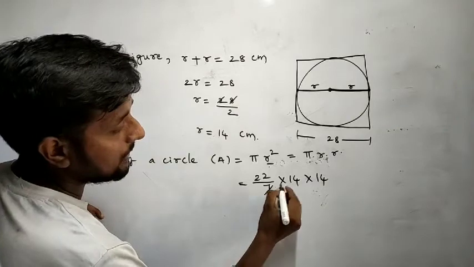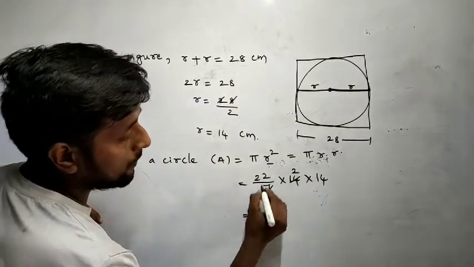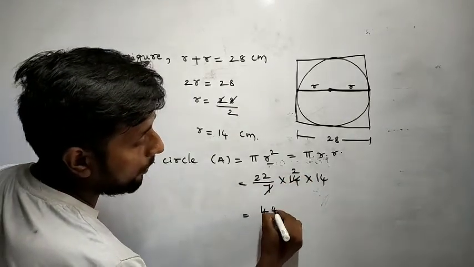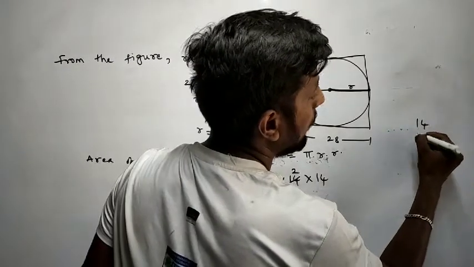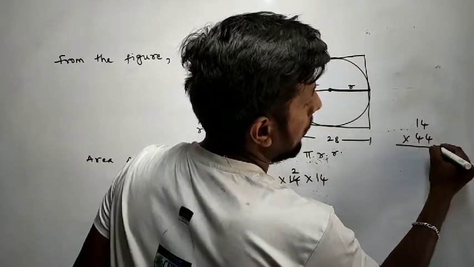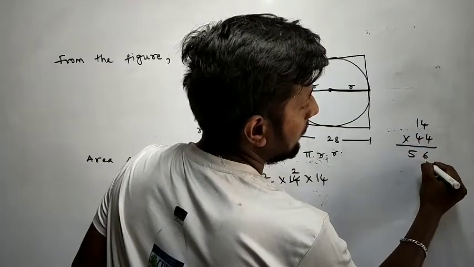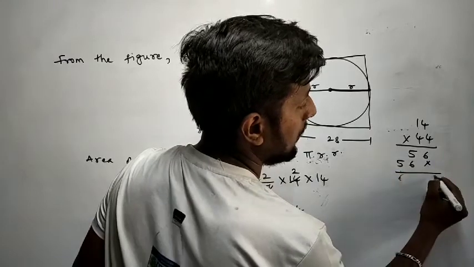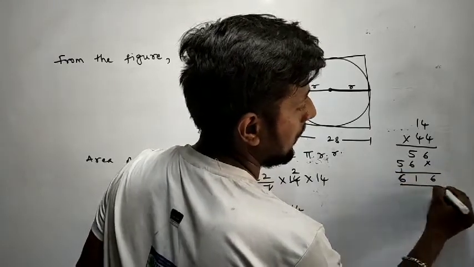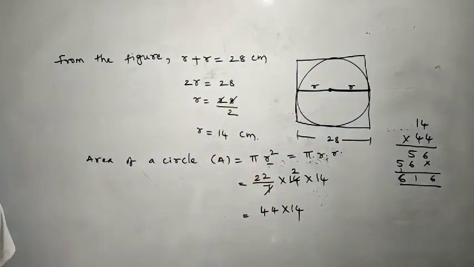So 7 ones are 7, 7 twos are 14. So 22 twos are 44 into 14. Okay. So just multiply 14 with 44. 14 fours are 56. Again 56. 616.